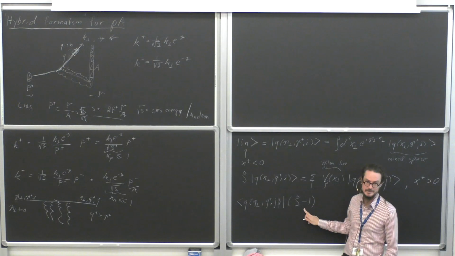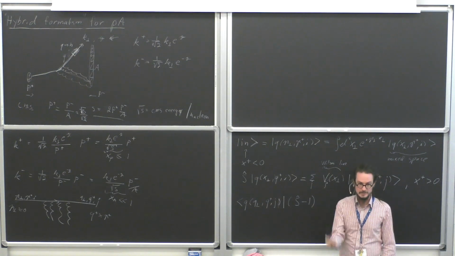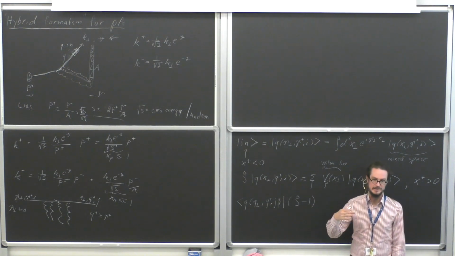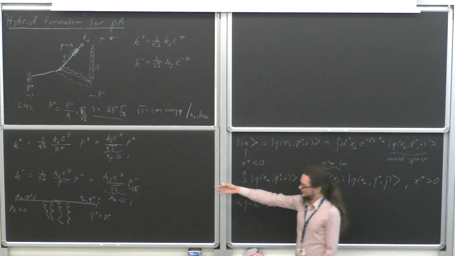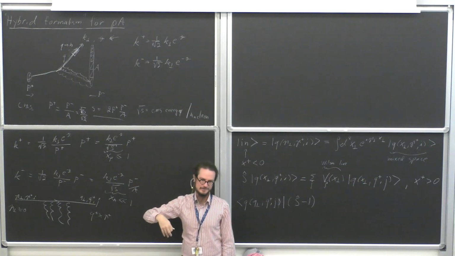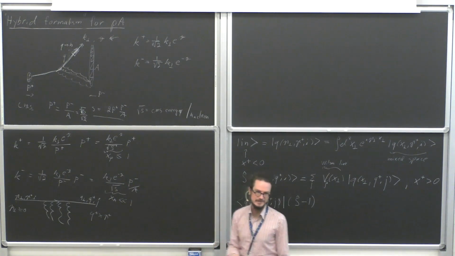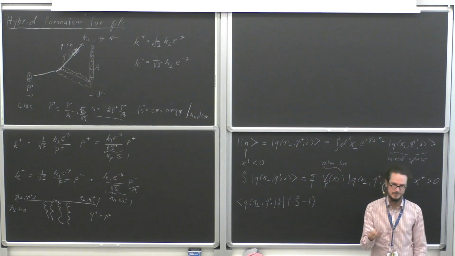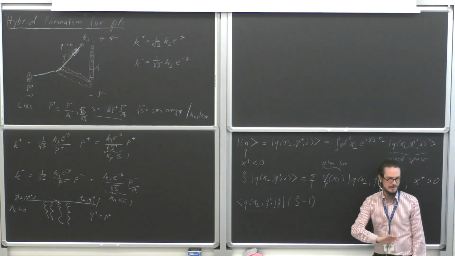In order to get the scattering amplitude, I want the outgoing state, but I want to subtract the incoming wave, which corresponds to nothing happening, because I want my scattering amplitude to be 0 when nothing happens.